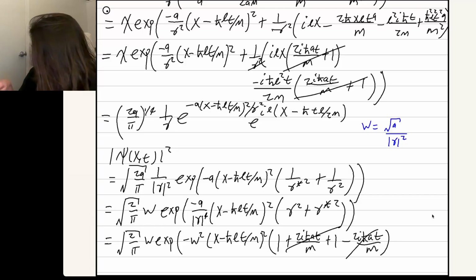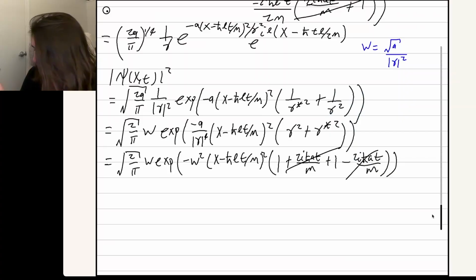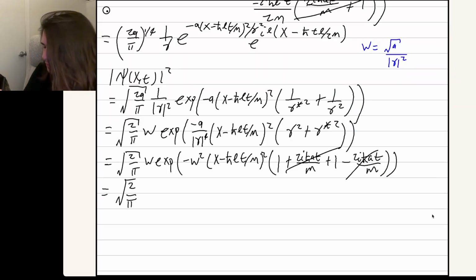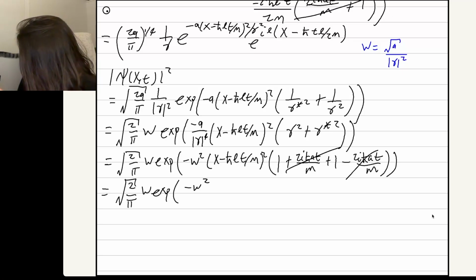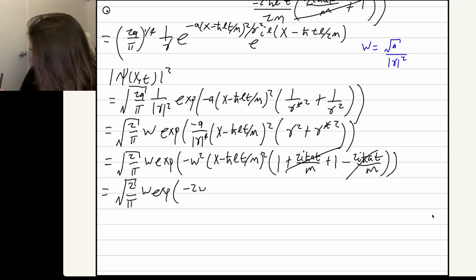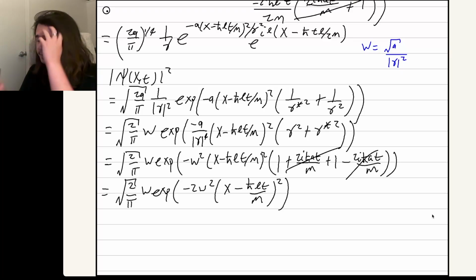These cancel out, so we just have root 2 over pi w exp minus w squared, and it's minus 2w squared actually, x minus h bar L t over m squared.